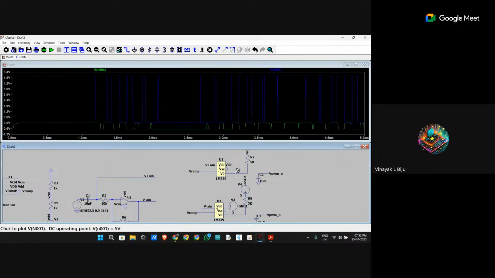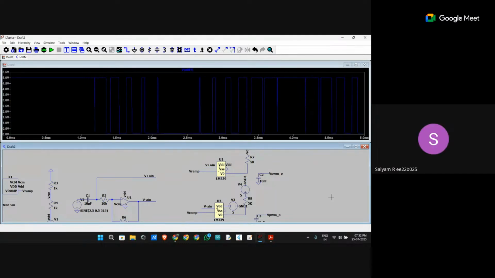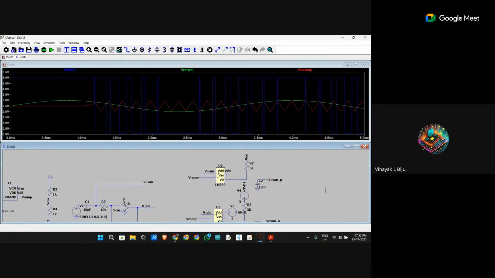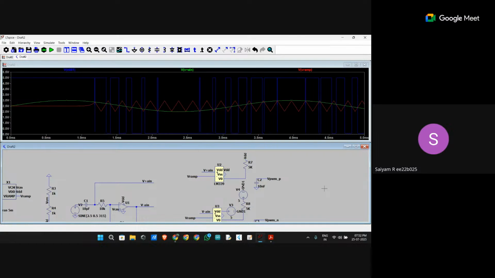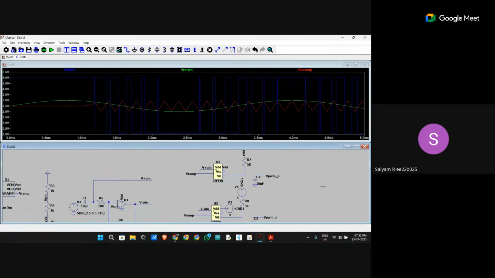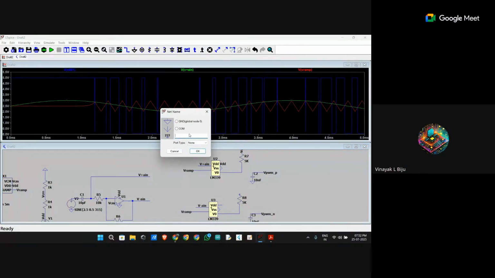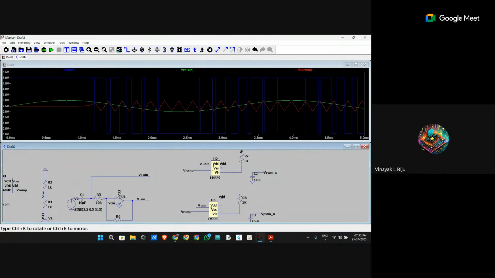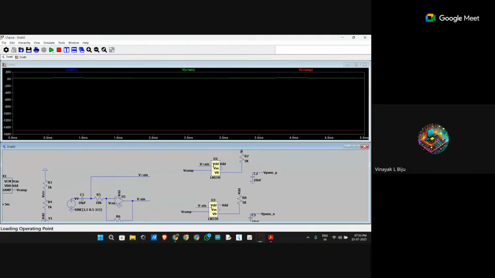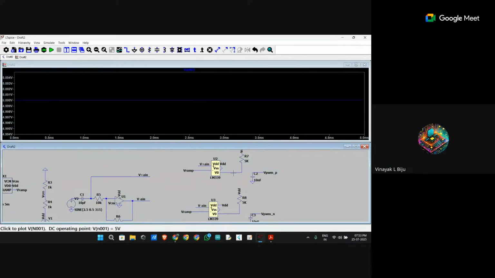Yeah. Then the top one has VDD, right? Yes, sir. So put VDD in the bottom one as well. Now I am getting constant 5 volt.